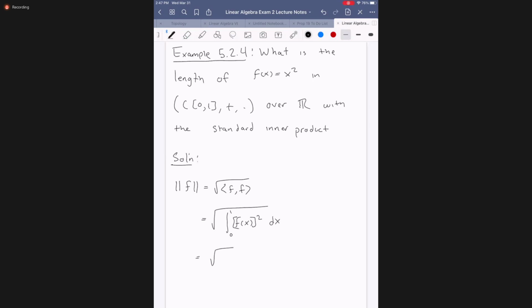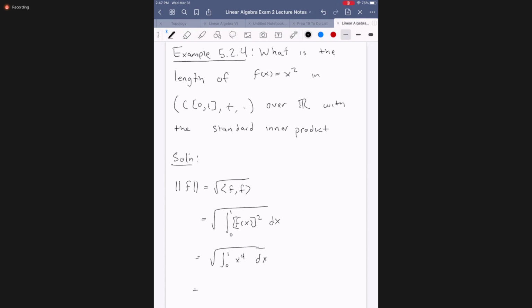So that's the square root of the integral from 0 to 1 of, since it was x squared, x to the 4th dx.